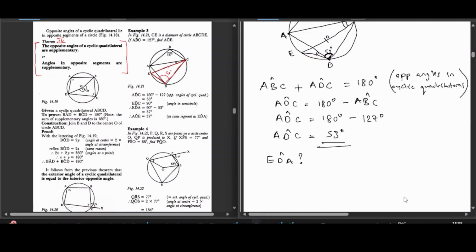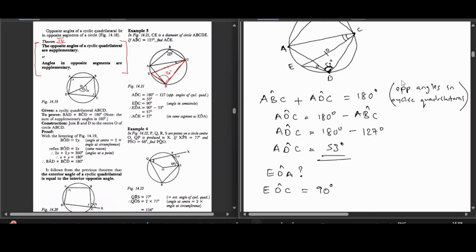What do I mean? It means that angle ADC is equal to 90 degrees, and the reason is angle in semicircle. These are connected and interesting once you understand them. So we have seen that it's angle in semicircle.